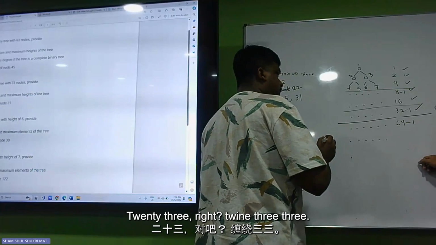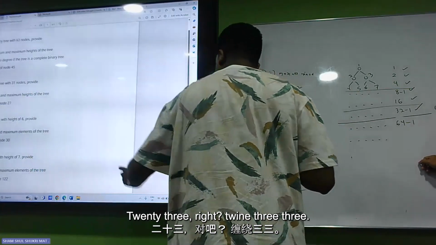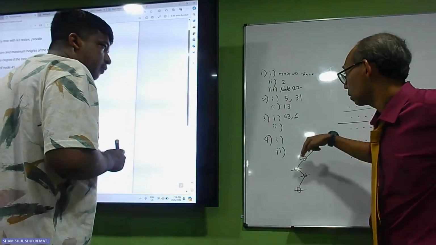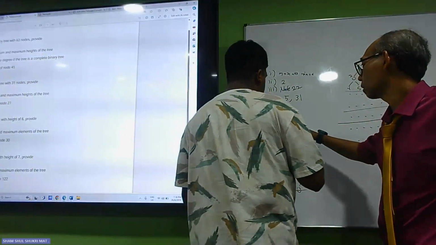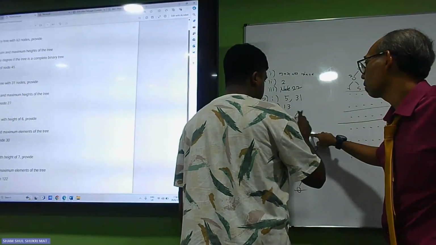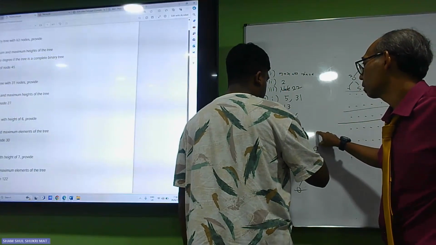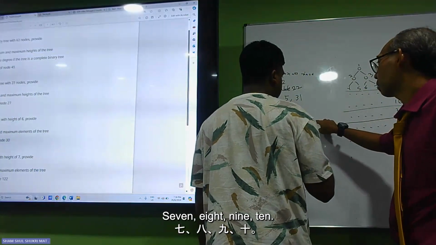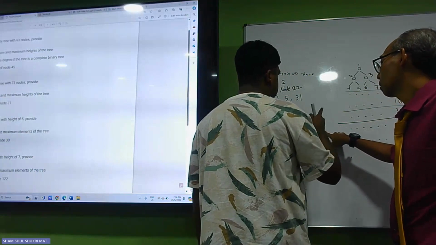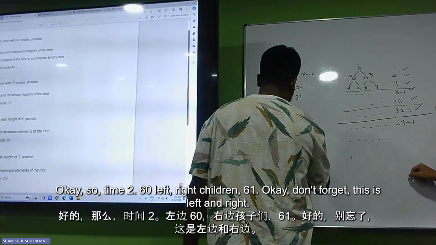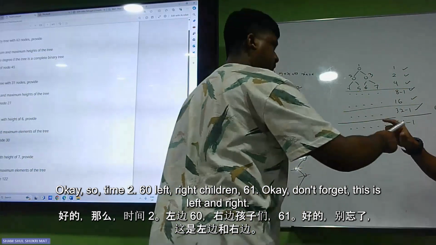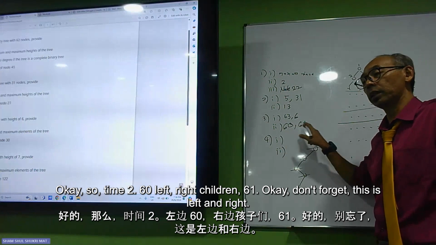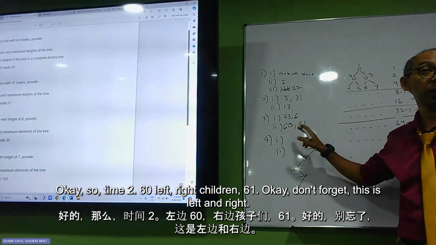Going to 30, right? And the node is 30. Children, 30, then 30 times 2 is 60, and the root is 61. So times 2, 60 left and right children, 61. Okay, don't forget this is left and right.